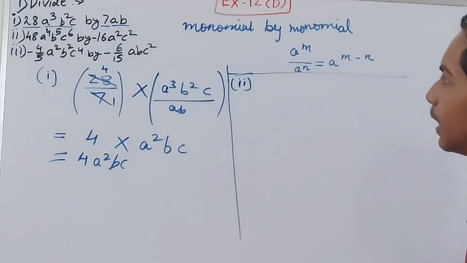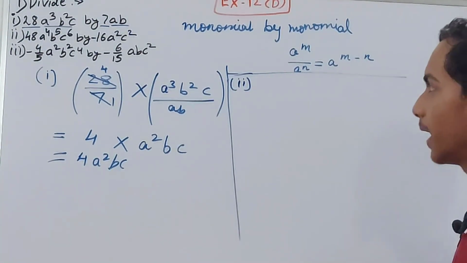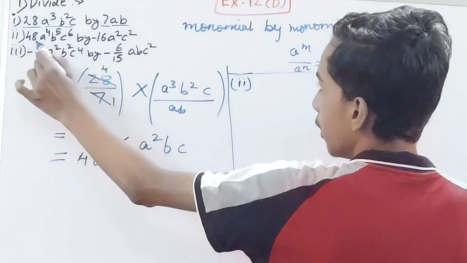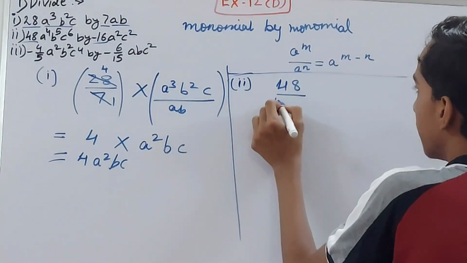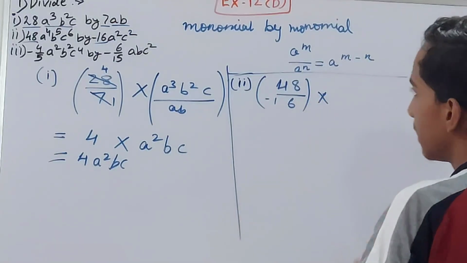Now the second part also. See, 48 a to power 4 b to power 5 c to power 6 by minus 16 a square c square. Same thing here, you have to divide the numerical part by the numerical part. So 48 will be divided by minus 16, and then you have to put a multiplication sign.